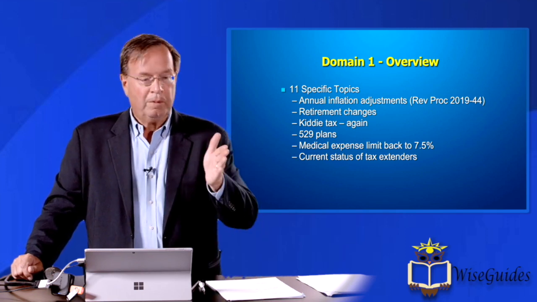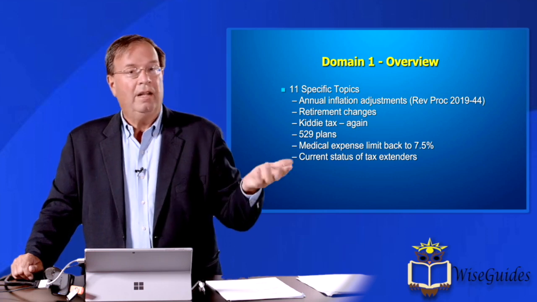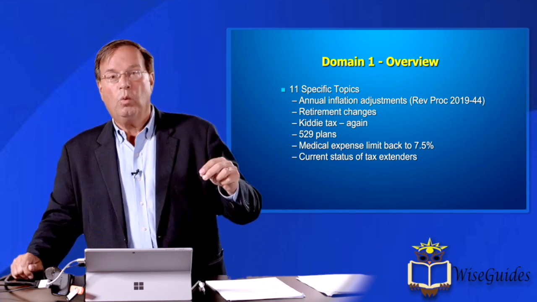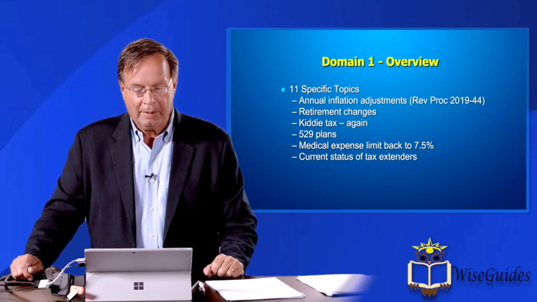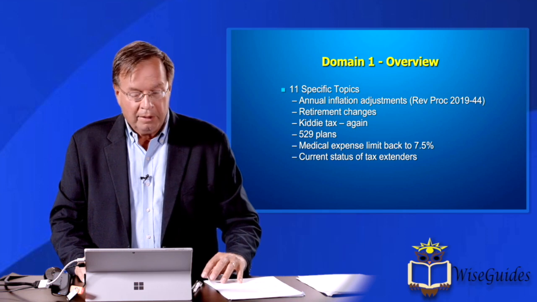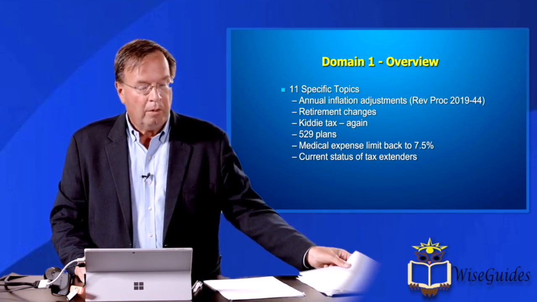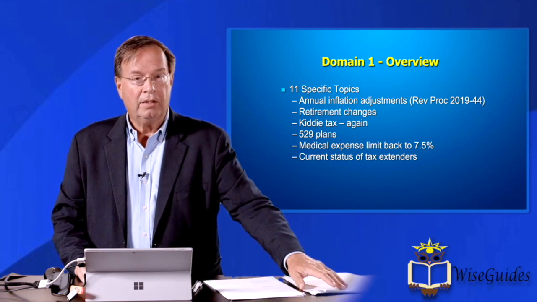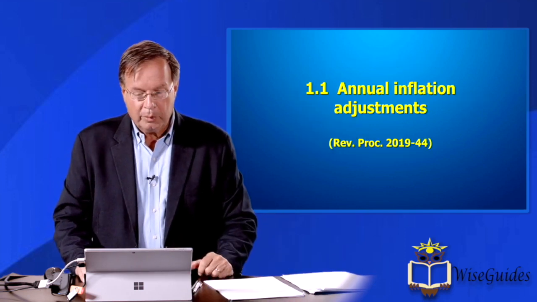And that thing keeps going from 7.5 to 10 to 7.5 to 10. It's back to 7.5 again. And the current state of tax extenders, which is also a political football, where they'll say, we're going to give you this extender if you give us that. It's something that has gotten a little bit better, and I will update you on those as we go.